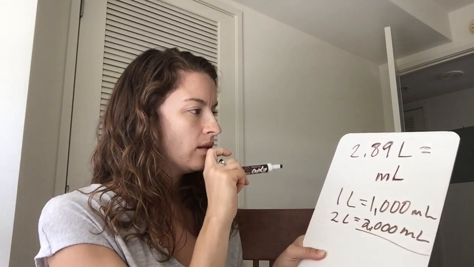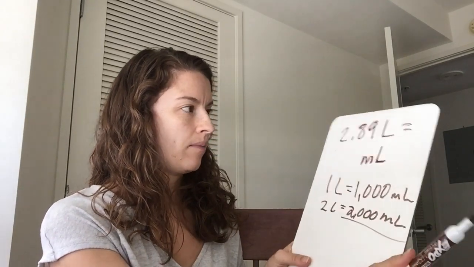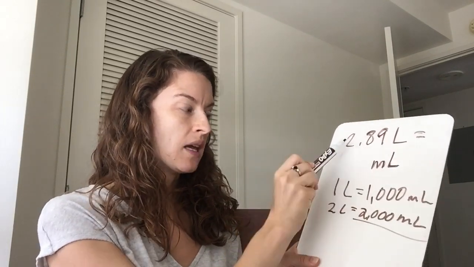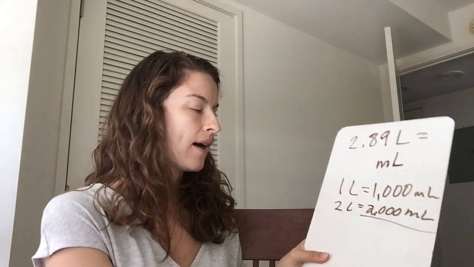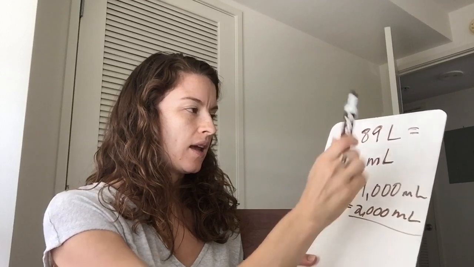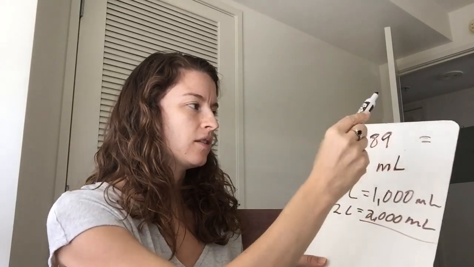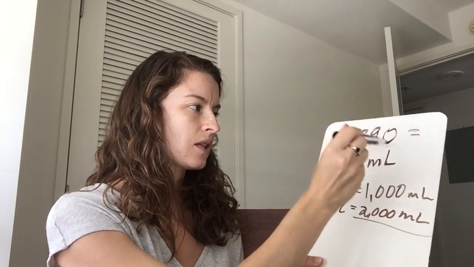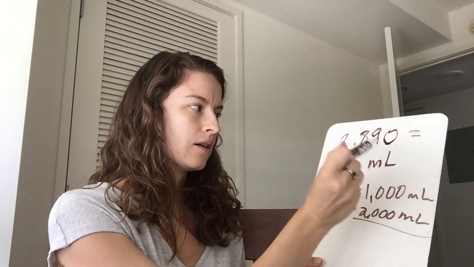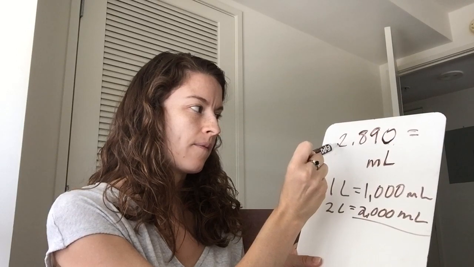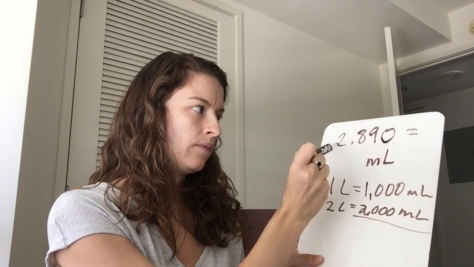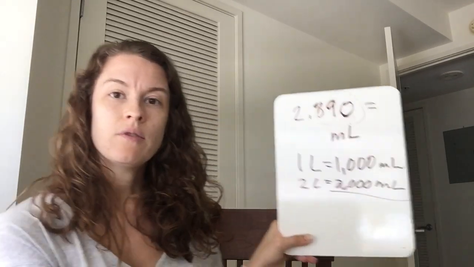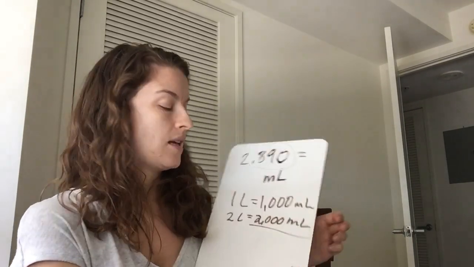So what it's going to be is, it takes 1,000 milliliters to make a full other liter, and we don't have that. So this is 800, I know this is a little confusing, but you can actually add another 0, and it goes from tenths to hundredths to thousandths. And since it takes 1,000 to make another whole liter, this then becomes 890.